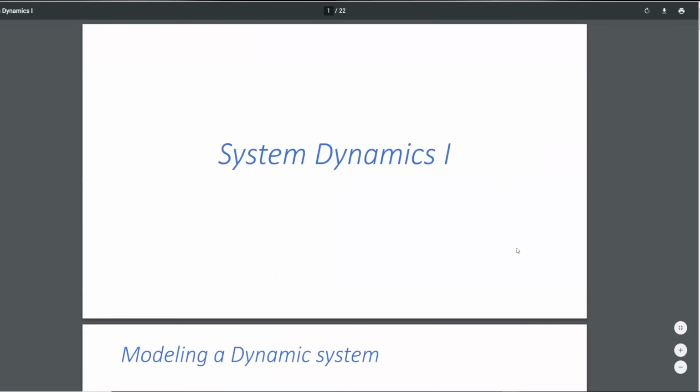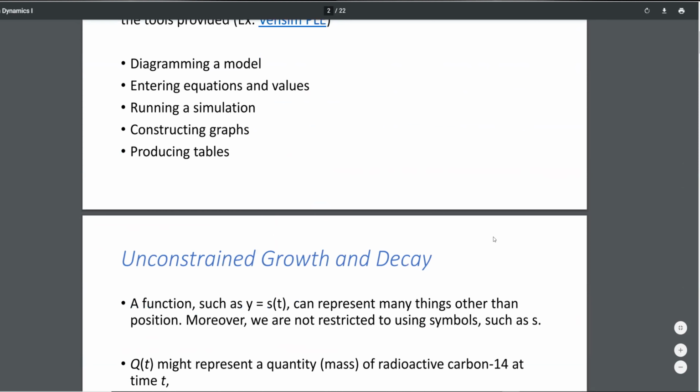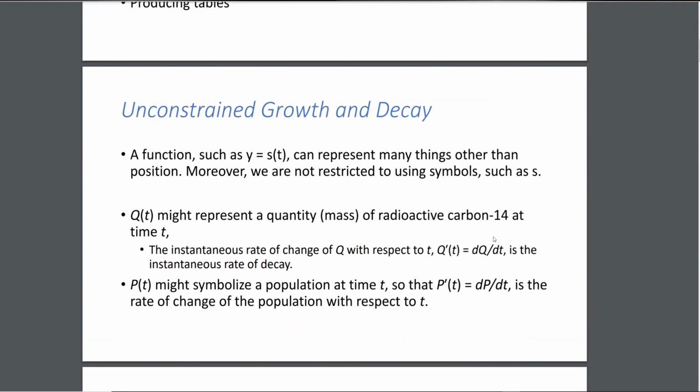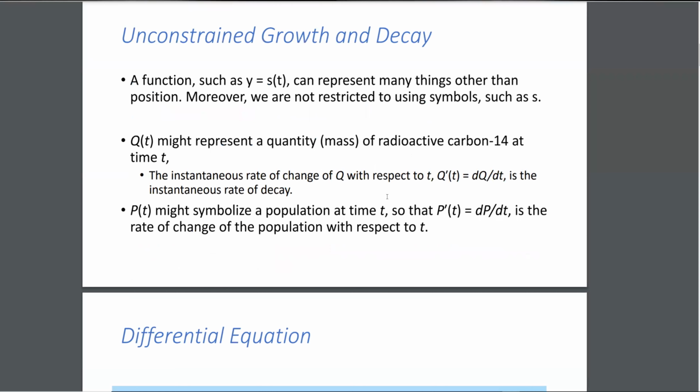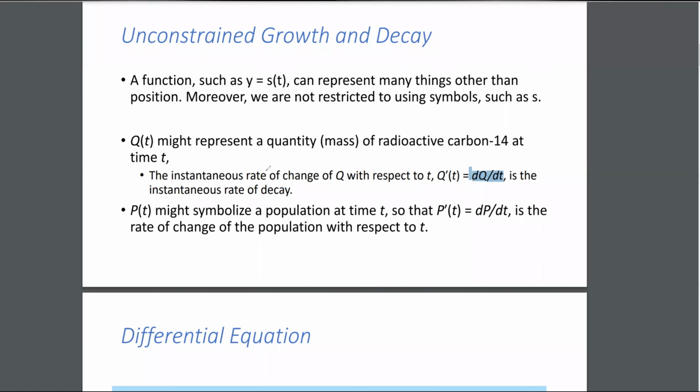In System Dynamics 1, they're talking about how we're going to use this rate of change in calculations, right? The best example is given here, which is a useful application using dQ by dt. So again, if I recall, what is dQ by dt? This is anything out there when it changes.